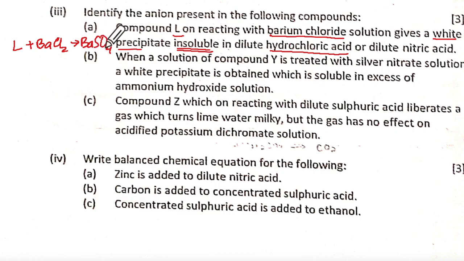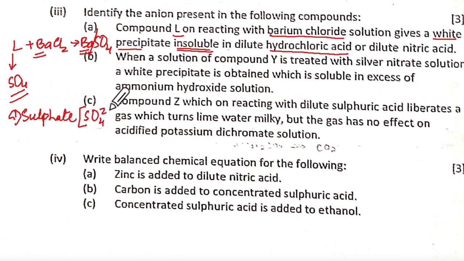Now if that is the case, then barium came from here and L must have had SO4. So your answer will be sulfate, SO4 2 minus, anion. This is your A.